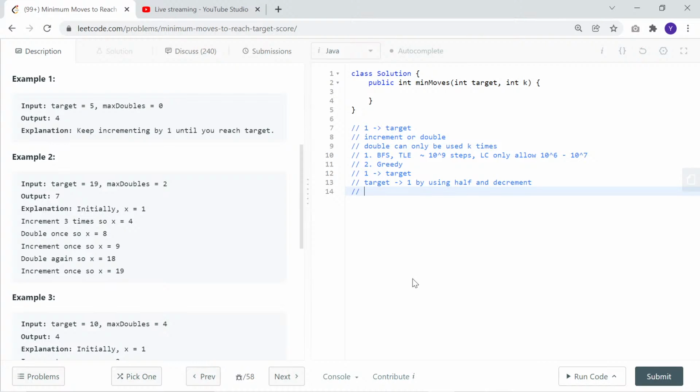But for target to do half, if the target is not a multiple of 2, we can only decrement.